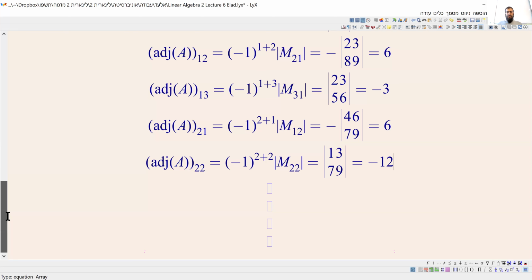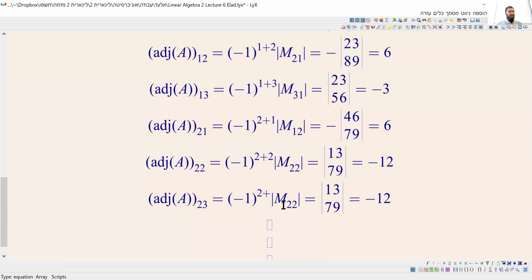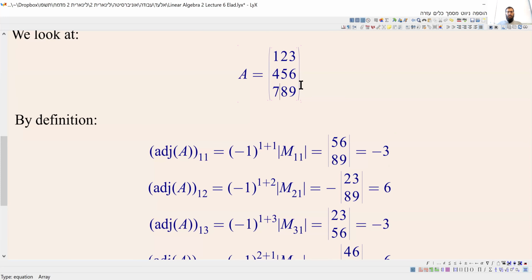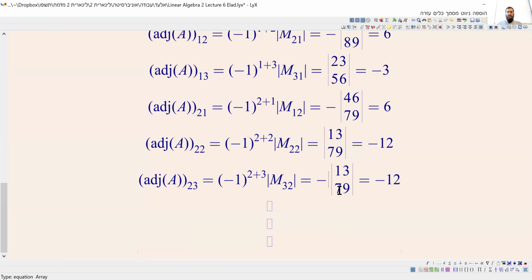If I'm wrong, please correct me. Here, the last element on the second row, the adjugate 2, 3, minus 1 to the power of 2 plus 3, the minor 3, 2, and deleting the third row and the second column leaves us with 1, 3, 4, 6. And of course, a nice little minus at the end, which is 6.